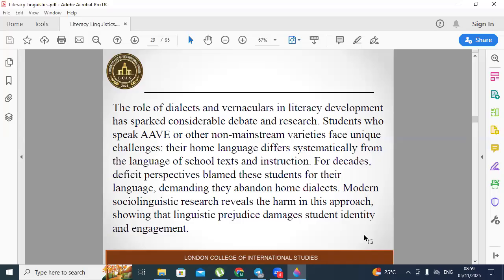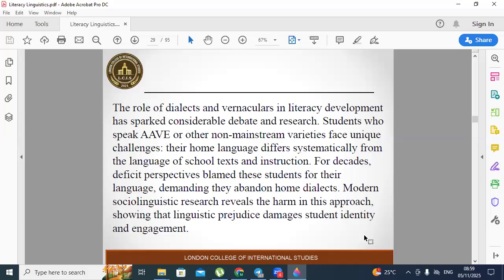Modern sociolinguistics research reveals the profound harm in this deficit approach. When students receive messages that their home language, and by extension their families, communities, and culture, is deficient, their academic engagement plummets. Linguistic prejudice damages students' identity, self-esteem, and motivation.